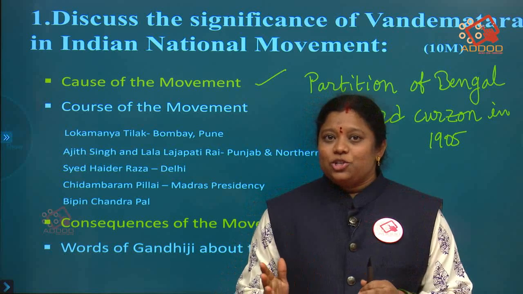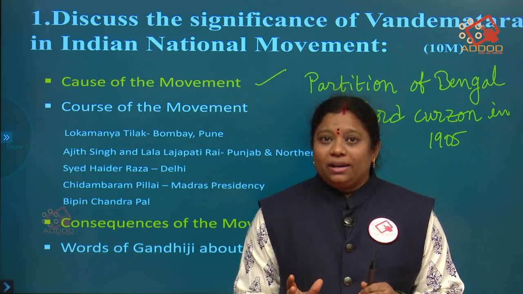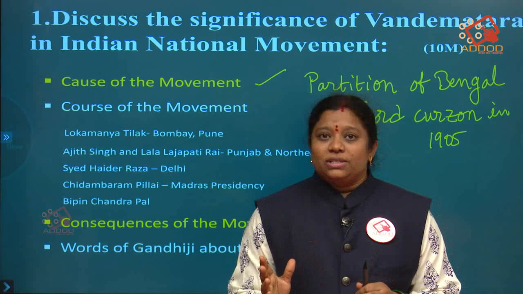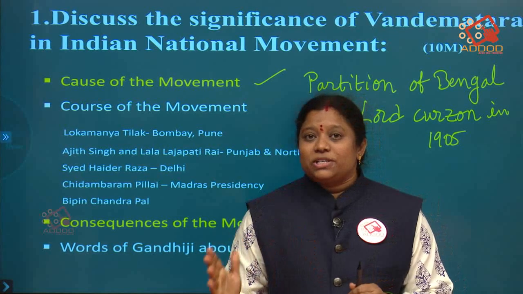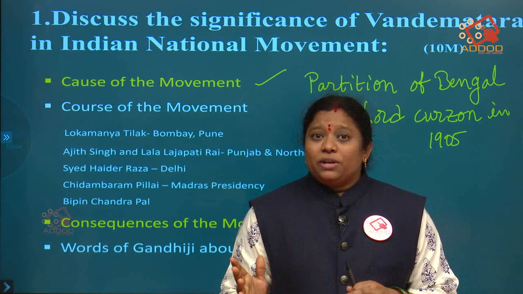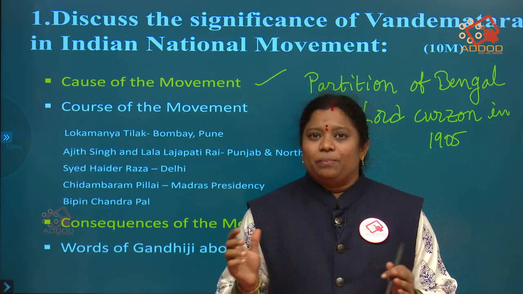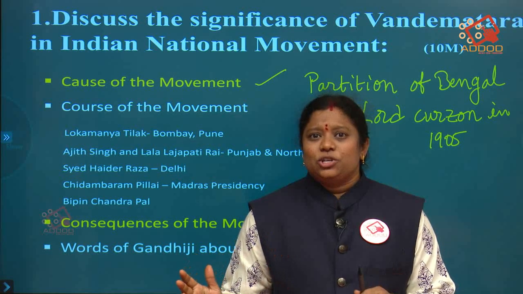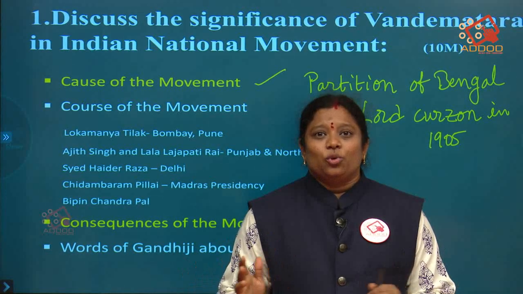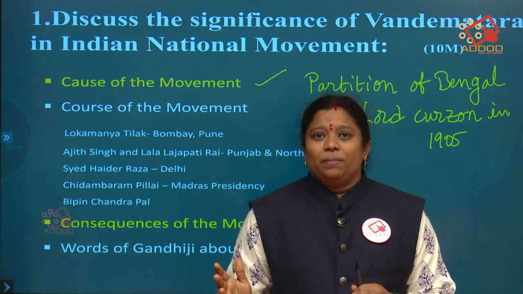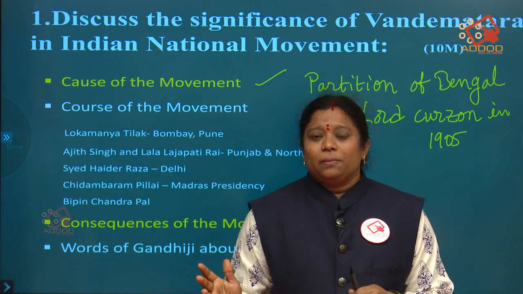As part of this partition of Bengal, they divided Bengal into two provinces, East Bengal as well as West Bengal. According to the Britishers, they divided this for the sake of administrative convenience, because Bengal is the biggest region and it is difficult for them to rule over and maintain administrative reforms in that place.